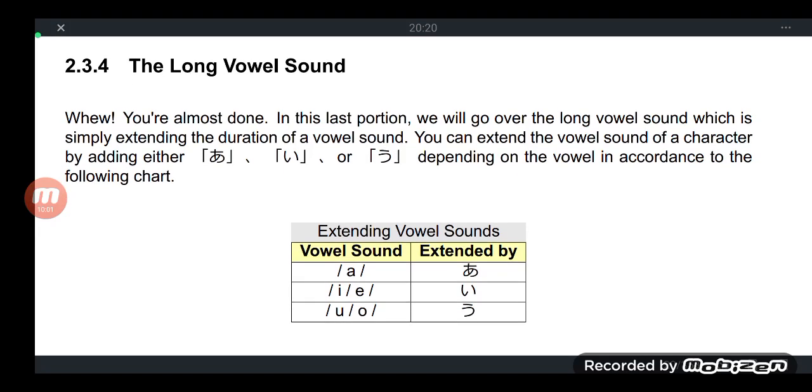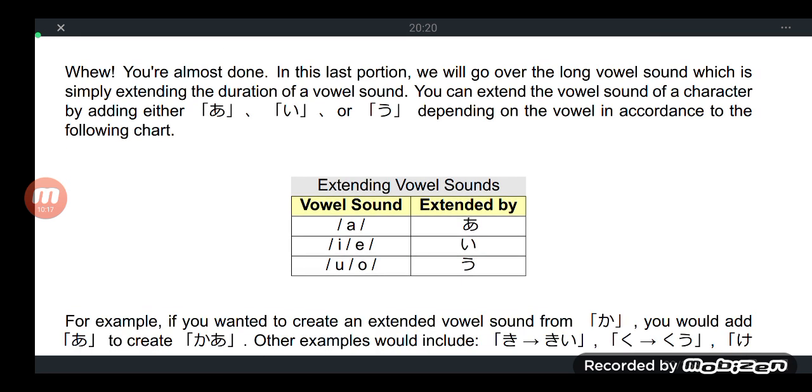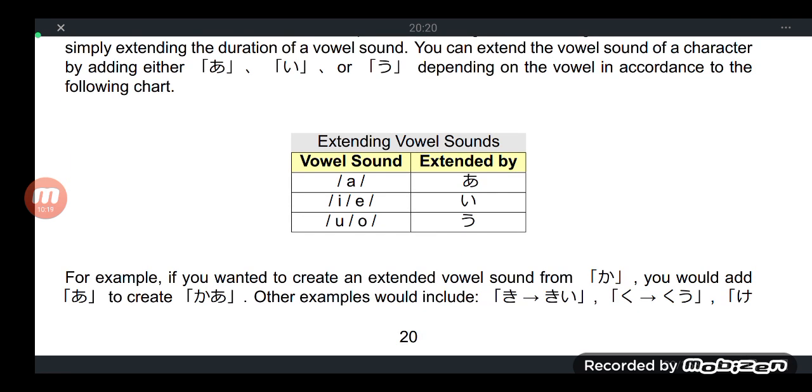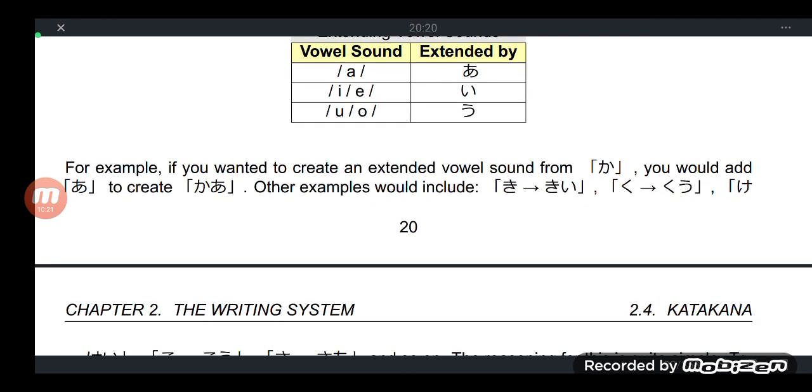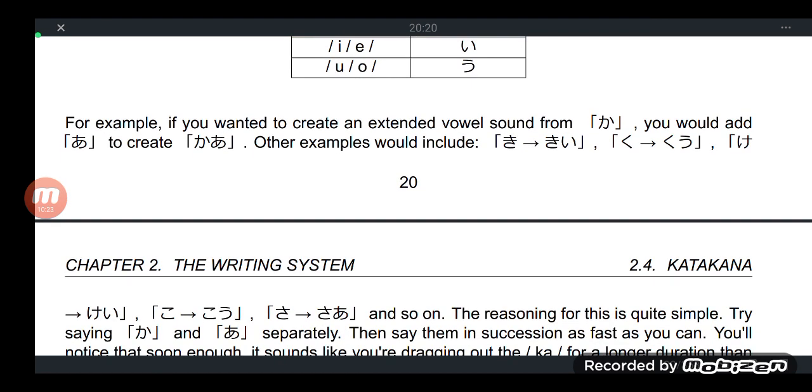It's long vowel sound. Just like in other languages, here in the Japanese language or nihongo, we also have long sounds. Just like in a, i, e, u, o. For example, if you wanted to create an extended vowel sound from ka, you would just place a ka and then add another a.